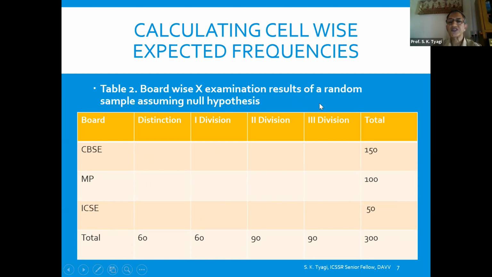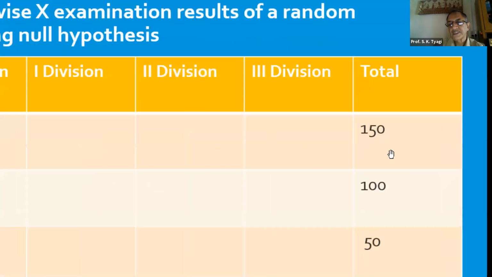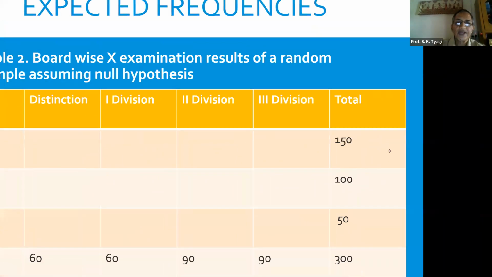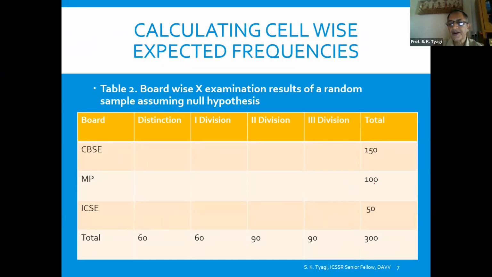See, the reasoning is quite simple. Suppose all these three samples were equal, 100, 100, 100. So CBSE students in all are 100, and the others are also 100. So all three are equal.